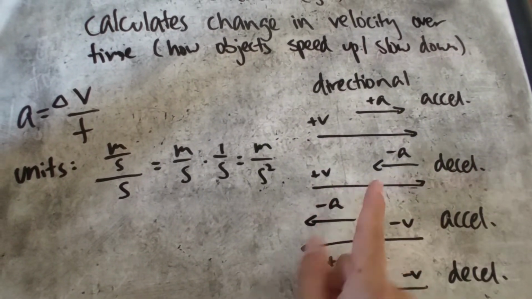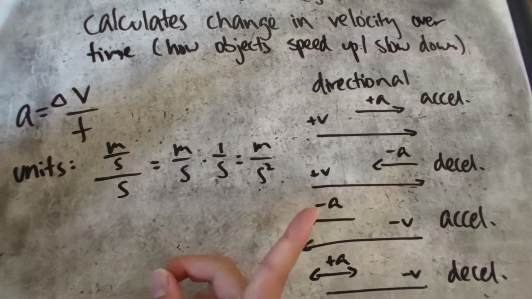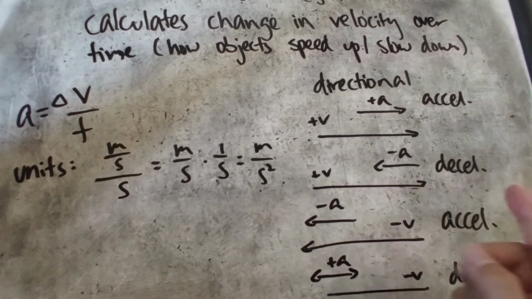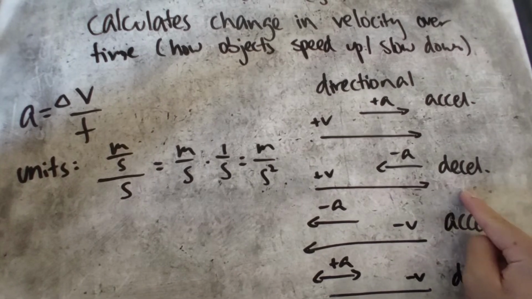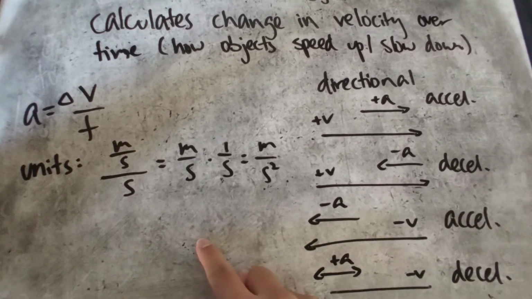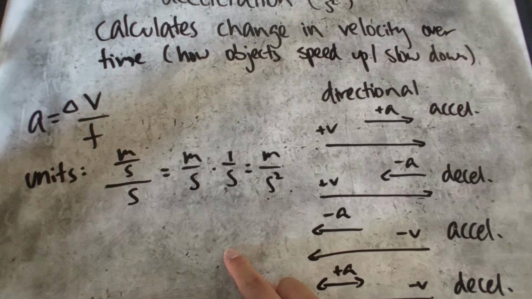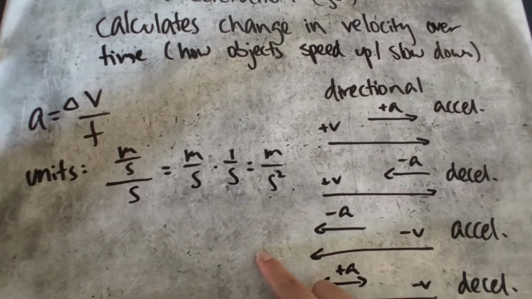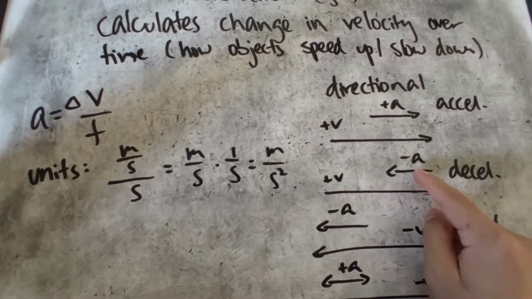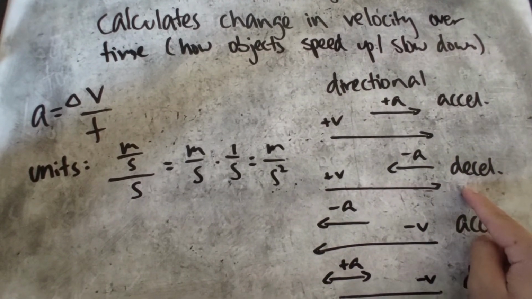But if you set the velocity as positive going to the right, but then the acceleration is going to the left, which is negative, then it's decelerating. That's like if a car is driving to the right, but then the change in speed is negative, so it's slowing down over time. That is when you have a negative acceleration, and that is deceleration.